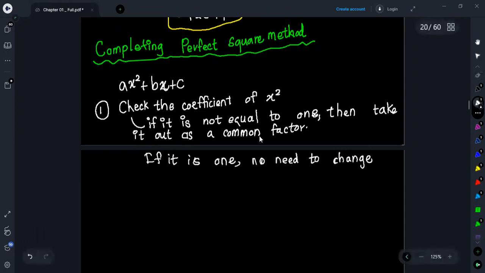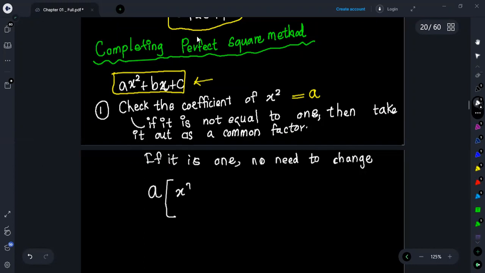Let's see the first case. In this polynomial, the coefficient of x squared is a, so we take this a out as a common factor. Then the coefficient of x squared is 1. The remaining part is x squared.